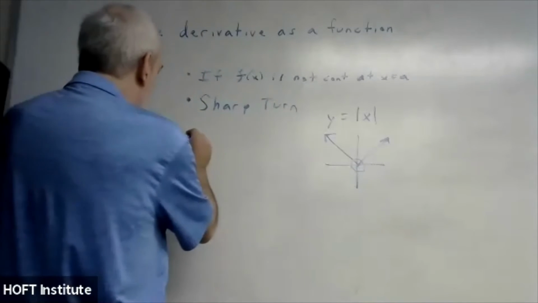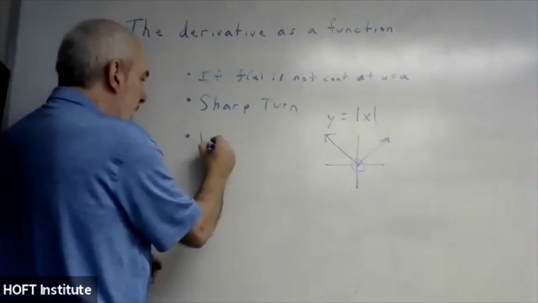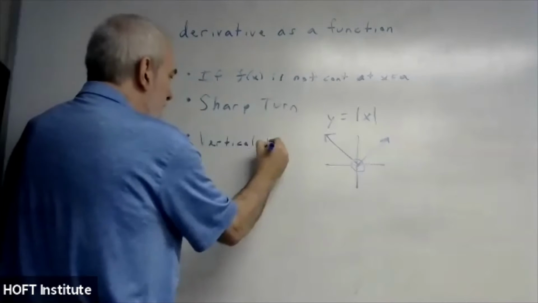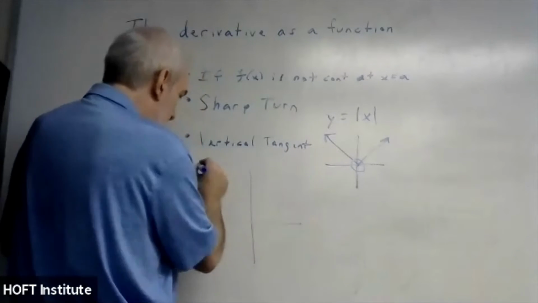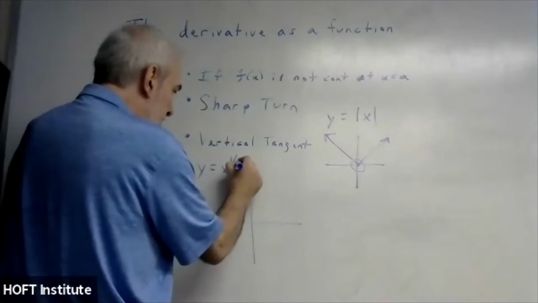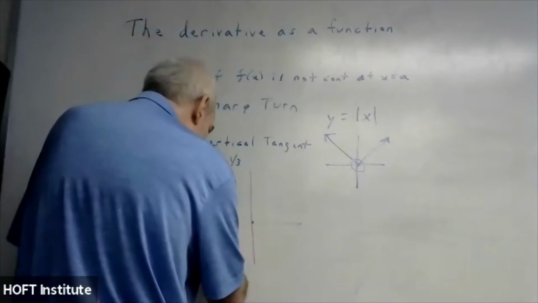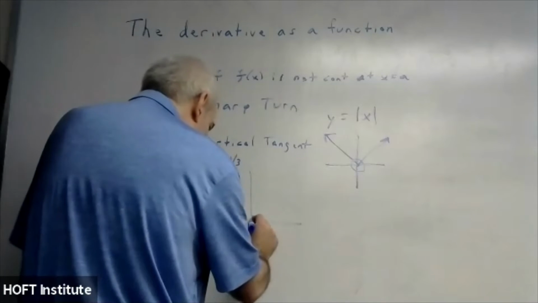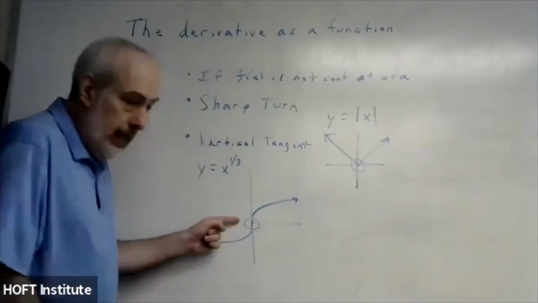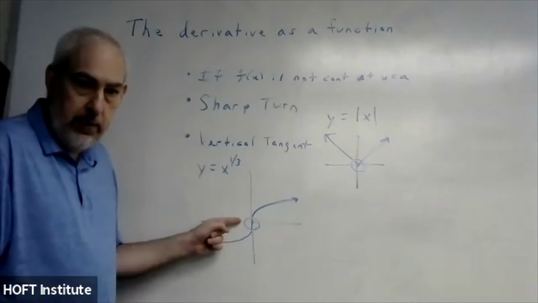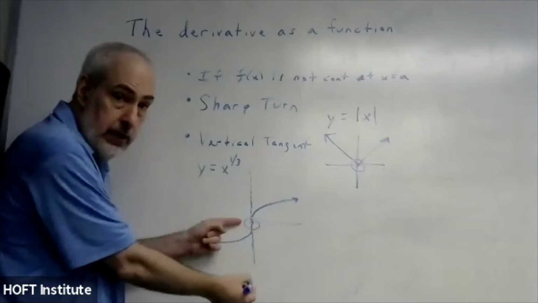Okay, and the third way the derivative doesn't exist is if the function has a vertical tangent line. An example of this would be y equals x to the 1/3 power, which looks like this. And you see, once again, at x equals 0, that's the problem here, is that it's temporarily making a vertical tangent line.